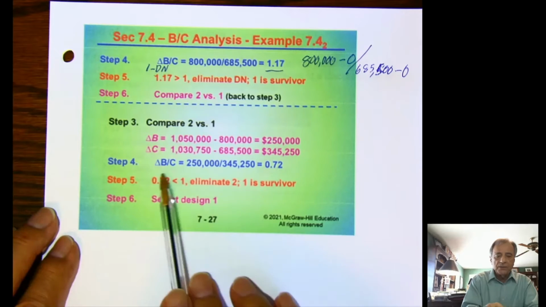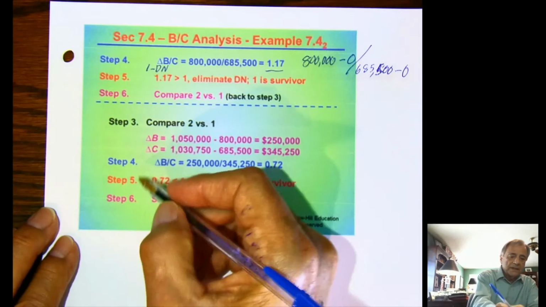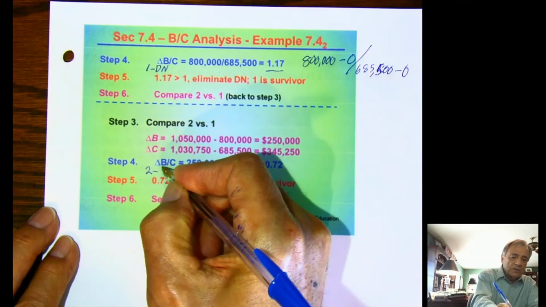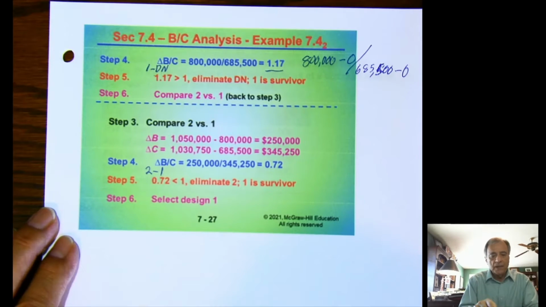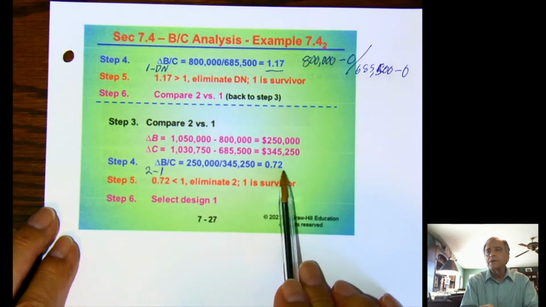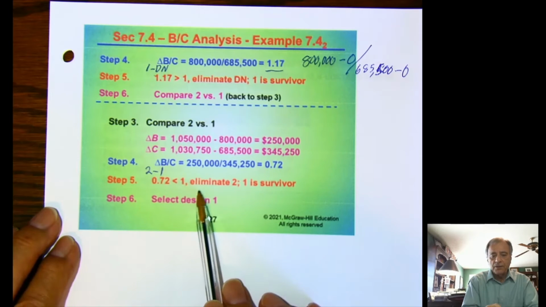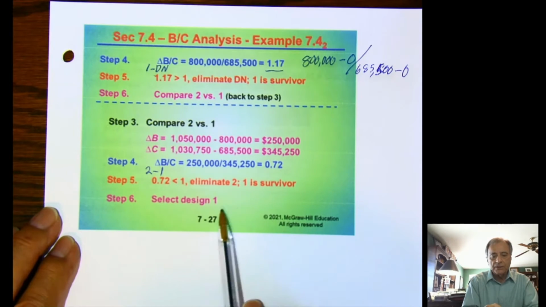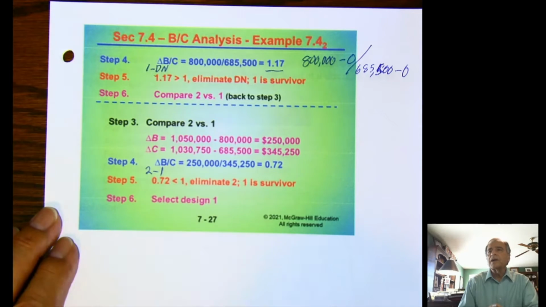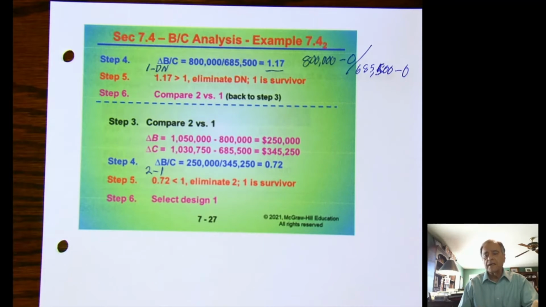So when I do that delta, this is the delta of 2 minus 1, I get 0.72. And that's less than 1, so we eliminate the higher costing alternative 2. 1 is the survivor, so that's our selected design.